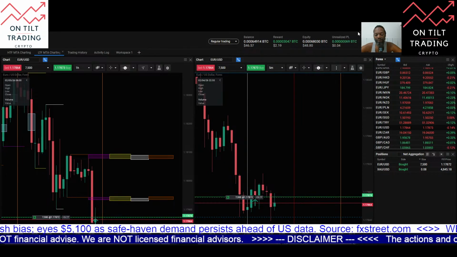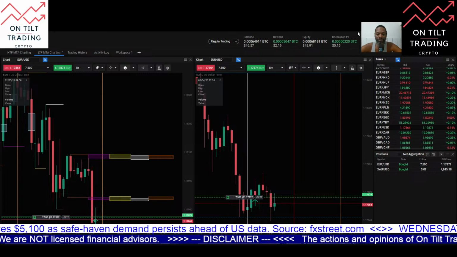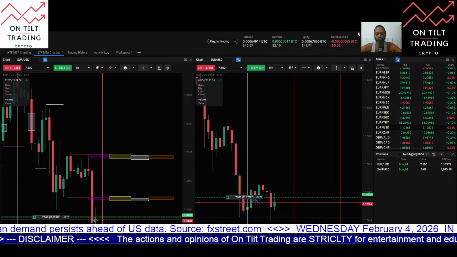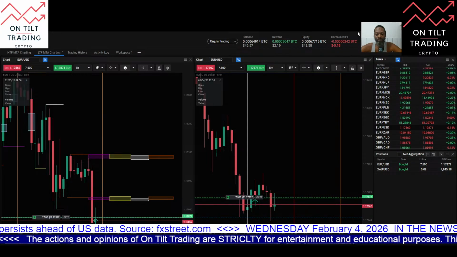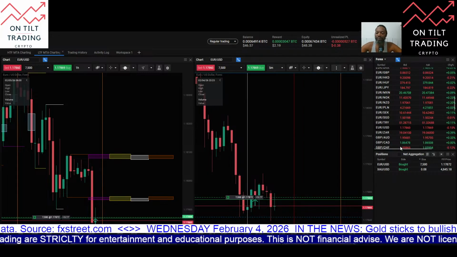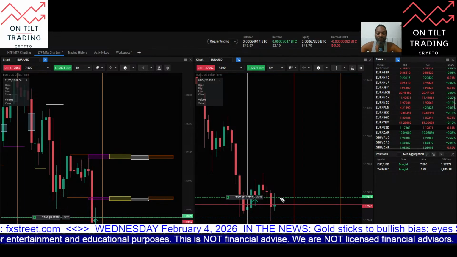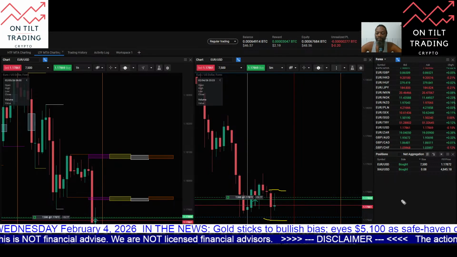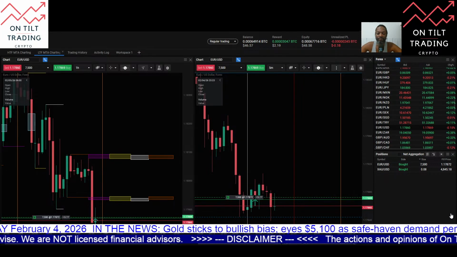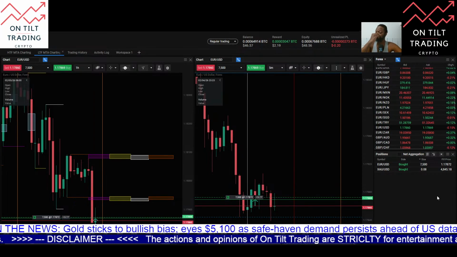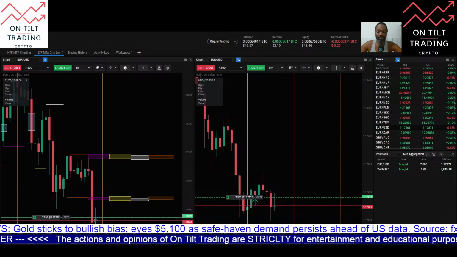Currently, my entry price is between the bid-ask spread. Currently, this candle is an inside candle trading in between the high and the low of the previous candle here on the 5-minute. We'll see if this candle wants to break out.